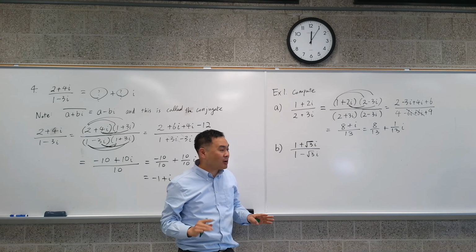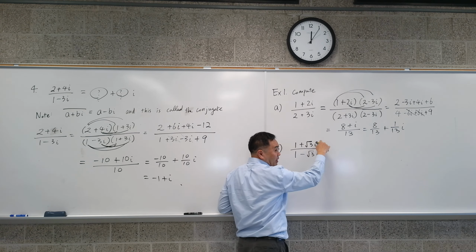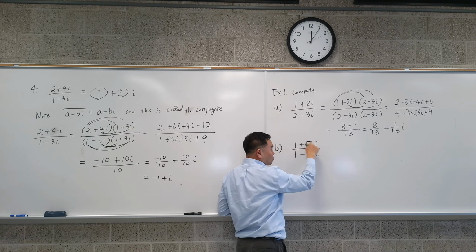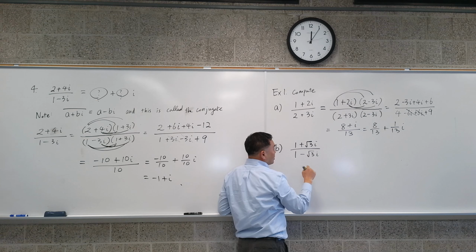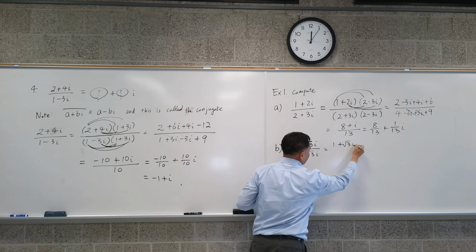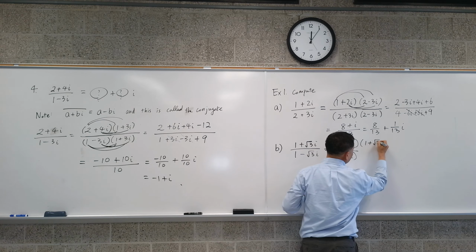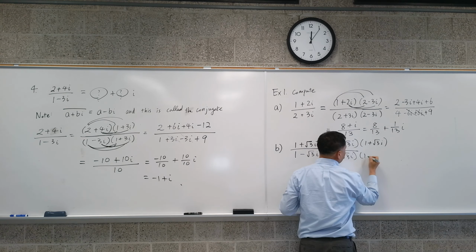It's not impossible, but you have to distinguish the difference between having the square root only over 3 or over i. Right now I'm just having the square root on the 3 only. So I'm going to multiply the conjugate of the denominator top and bottom. So it's going to be 1 plus square root of 3 i top and bottom.